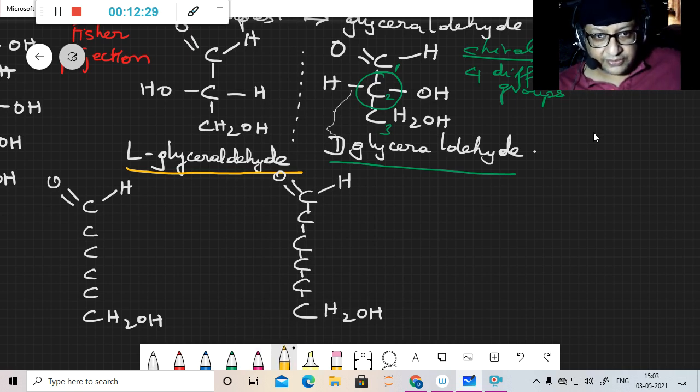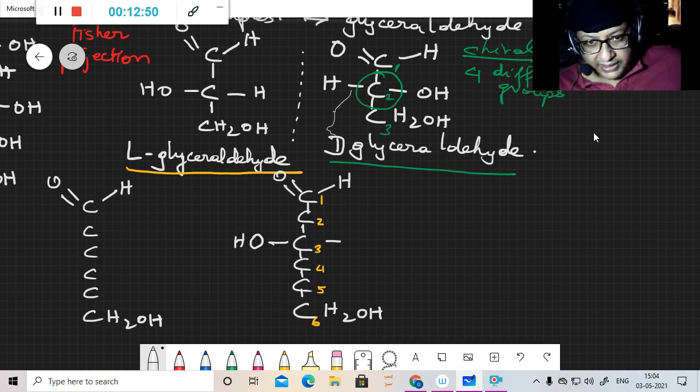So 1, 2, third carbon, fourth carbon, fifth carbon, and sixth carbon. Now let us draw the groups. In the third carbon, the OH is on the left in this glucose, and the others fall on the right.